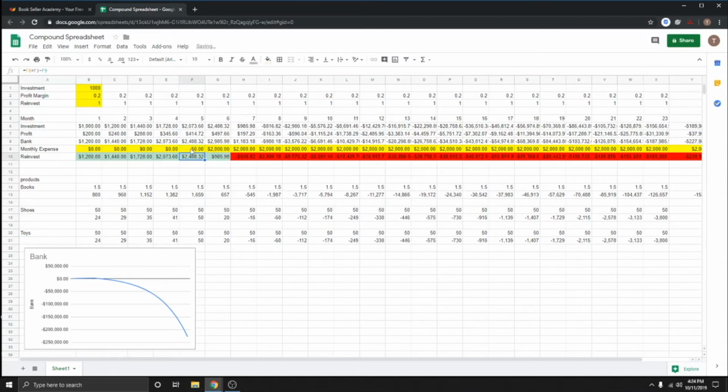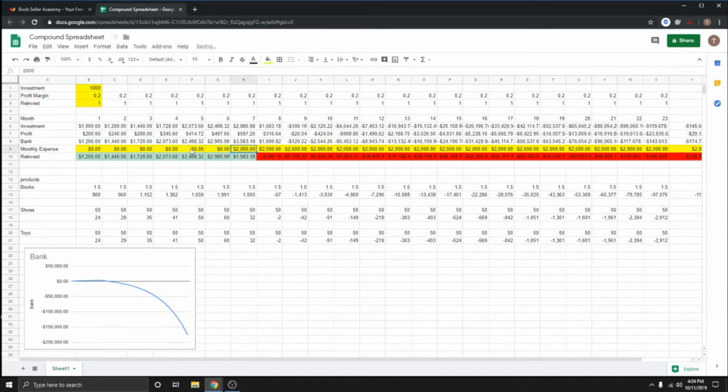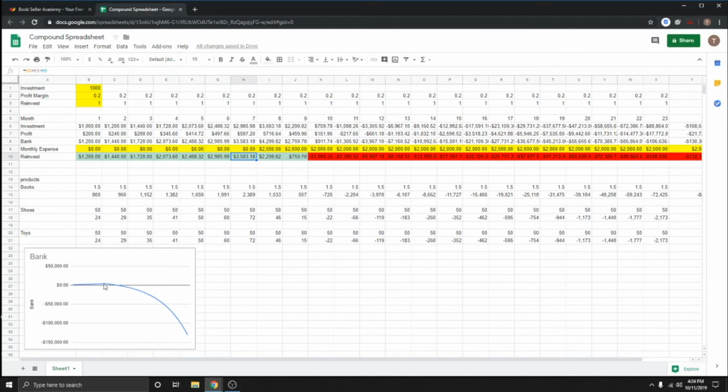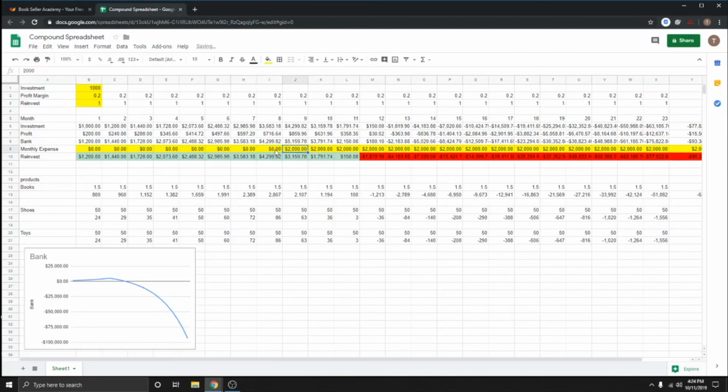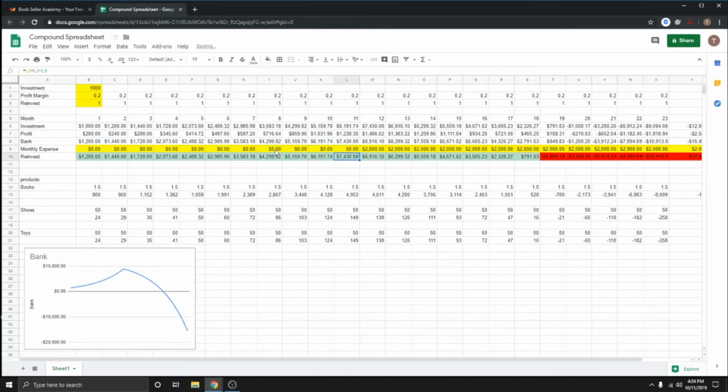Again, you want this graph to look good. It may look good in the beginning, but you don't want to get money out too early, right? Look at that. At the 12th month, at 20% profit margin, you're getting money out.